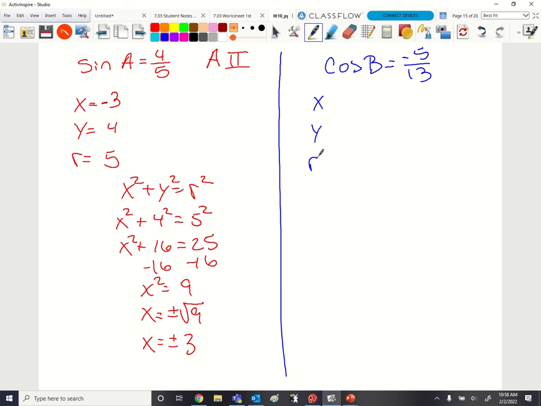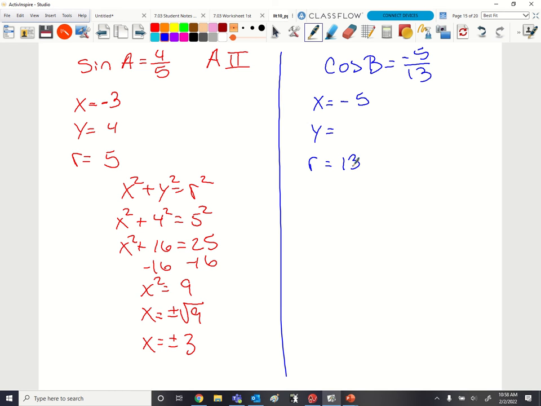X over r. Okay, now this one's super key here. What do we know about the r value? It's always positive. So it's 1 if it's an identity, but these ones aren't the identities. So it's always positive. Since there's a negative there, the negative has to go with my x value. So it's going to become a negative 5. The y value I don't know yet, and the r value is positive 13.